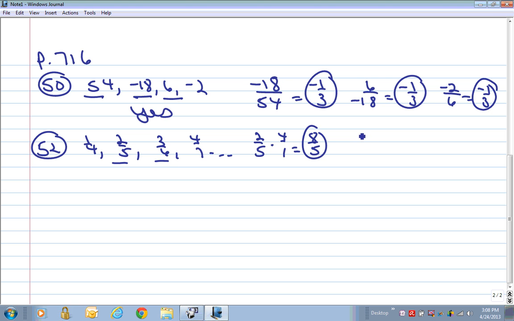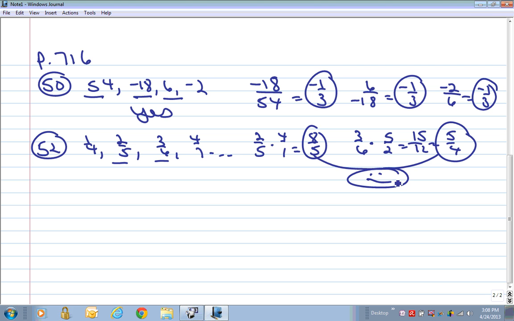Then we take the third term, which is 3 sixths, and we're going to divide by 2 fifths, which is the same as multiplying by 5 halves. And when we do, we're going to get 15/12. Both divisible by 3, and that would give us 5/4. And we can stop right there. They are not the same, and so no, this is not geometric.